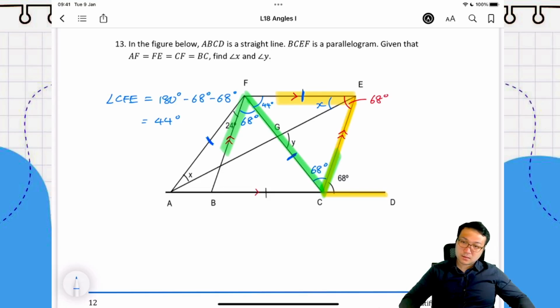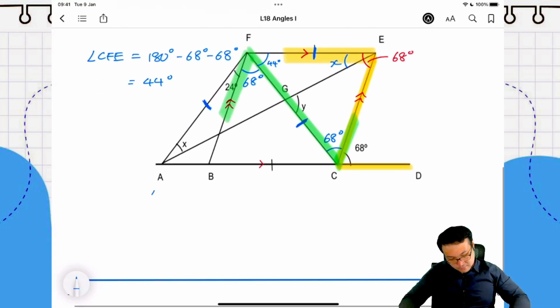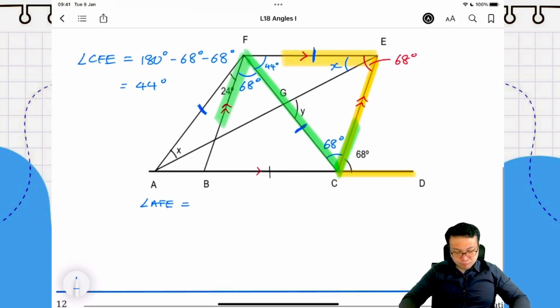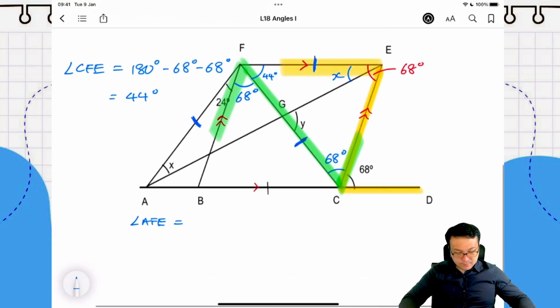What else? Let's try to find AFE. Okay, what is angle AFE? Do you know? 138.